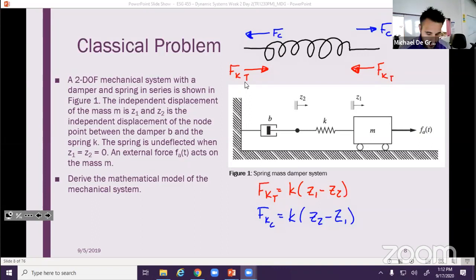And I'm pretty sure you can be punished to the full extent of the law for doing these. If you draw a force in this direction or in this direction, that is very, very wrong. It makes no physical sense. That is not how springs work. So you've now all seen that those are wrong. So don't do them.